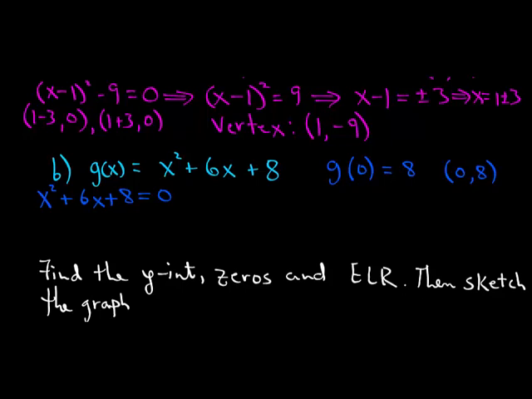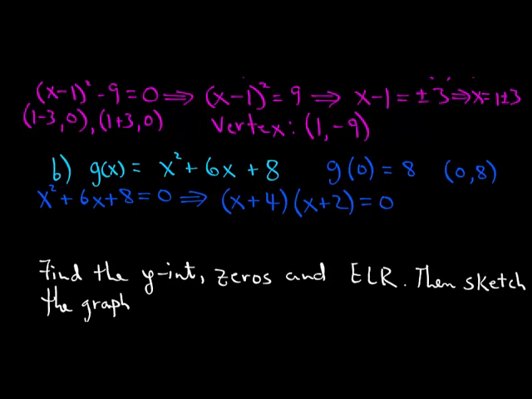Sometimes the factoring is so straightforward that it's the easier way to do it. Like in this case, I could factor this pretty easily. (x plus 4)(x plus 2) equals 0. See, the 4 and 2 add up to 6 and multiply to give me 8.